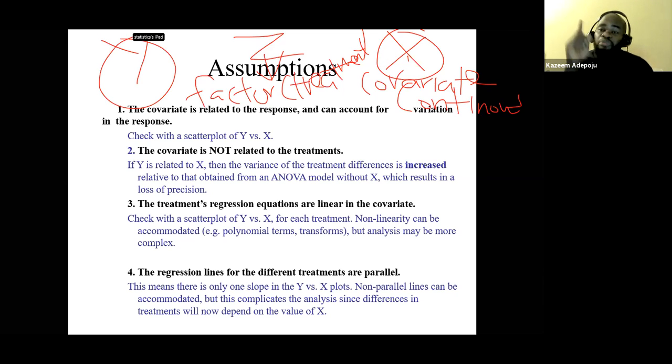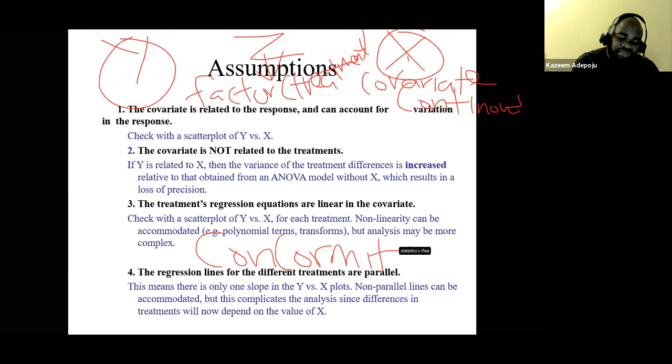Number one assumption is that the covariate must be related to the response. Before you can consider an analysis of covariance model, the covariate, the hidden variable, we also call it the concomitant variable.